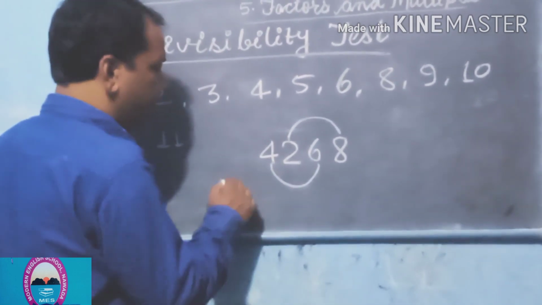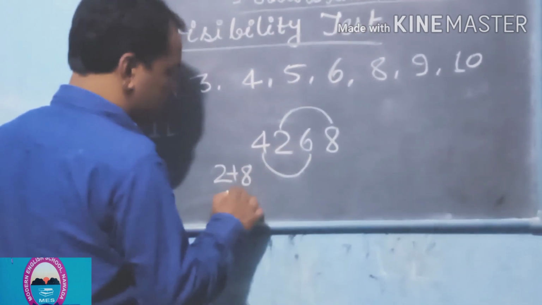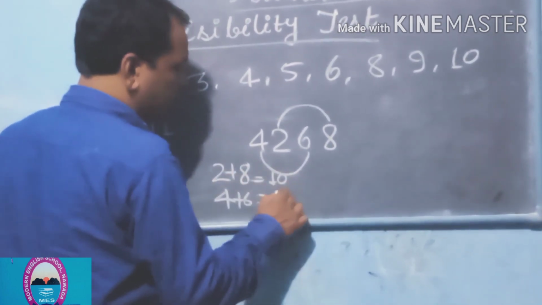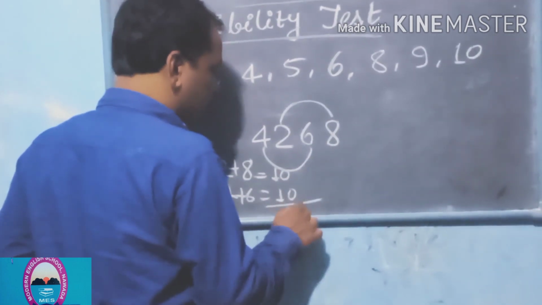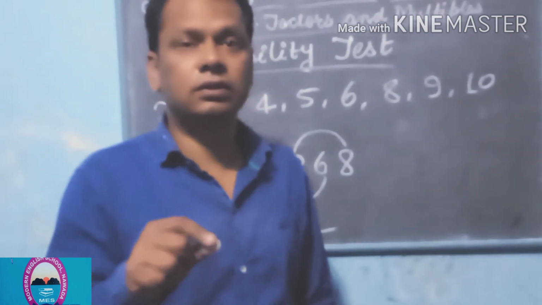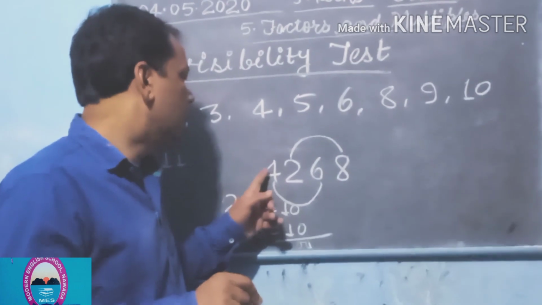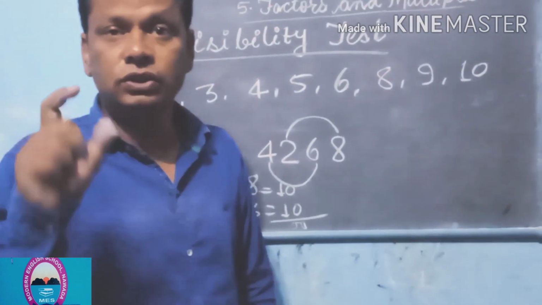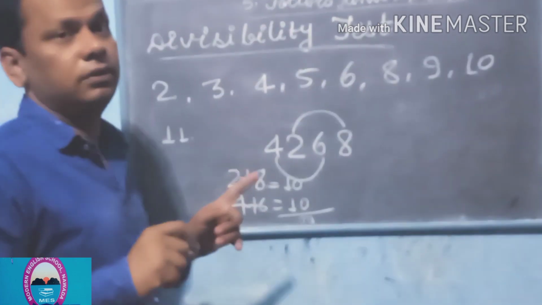First we add 2 plus 8, which is 10, and 4 plus 6, which is 10. The difference is 0, so it is divisible by 11. If the difference of the even place and odd place sums is 0 or a multiple of 11, then it is divisible by 11, students.